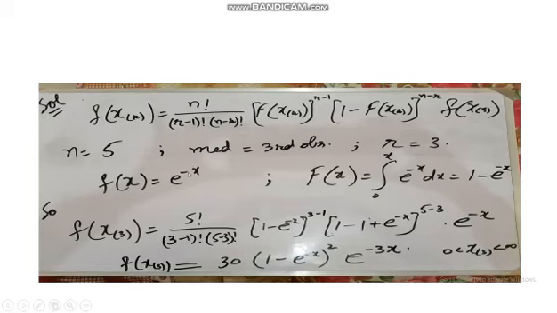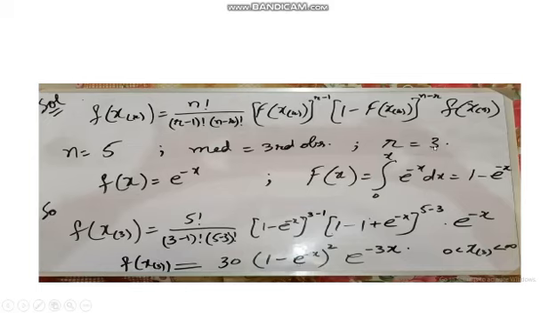Taking n equals 5 and r equals 3, f of x is given to us. We can find the capital F of x by using its formula, and by simplifying it we have this information. Now putting the values of capital F of x, small f of x, n and r into the formula and simplifying, the resulting term is the density of the rth observation, or you may say the density of the median observation in order statistics.